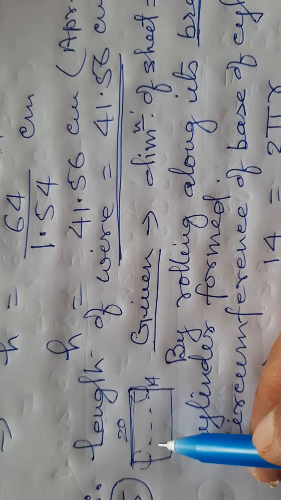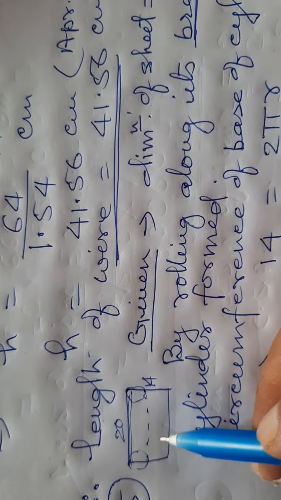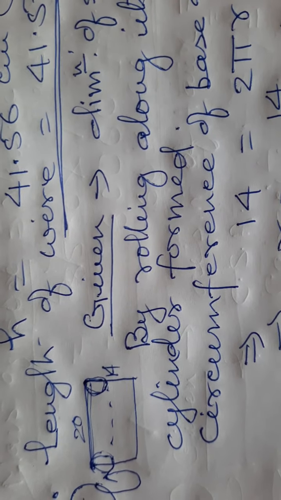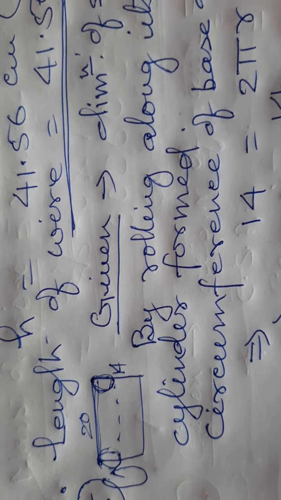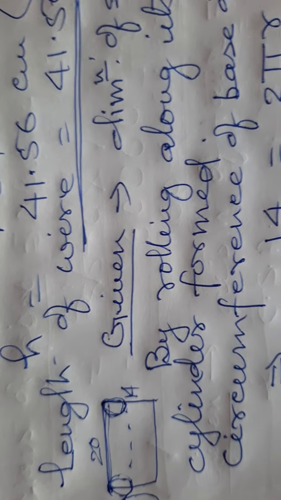By rolling it along its breadth, a cylinder is formed. The circumference of the base of the cylinder is equal to the breadth of the paper sheet.